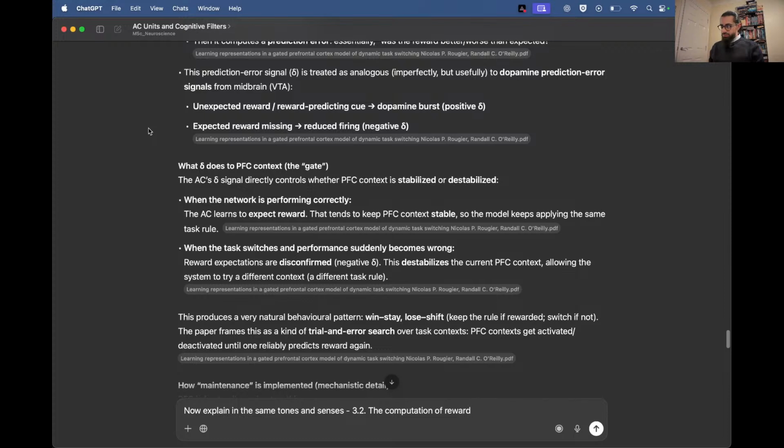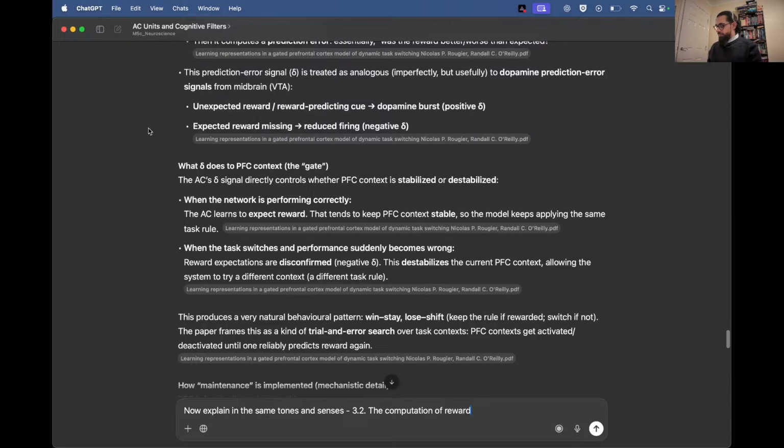Unexpected reward and predicting cue, dopamine burst.